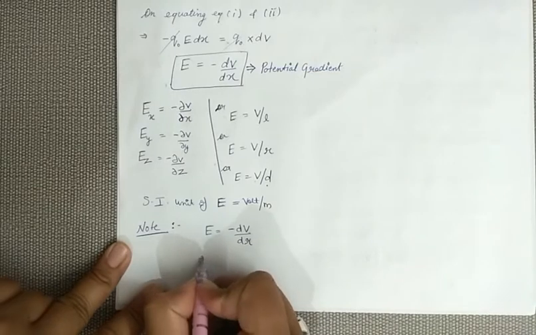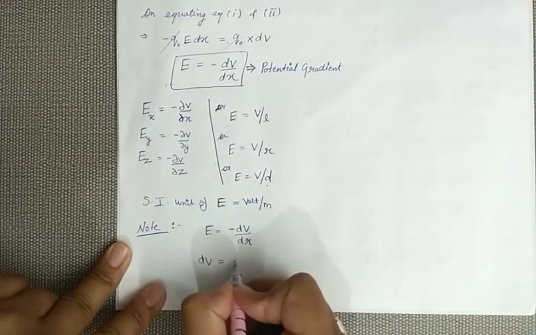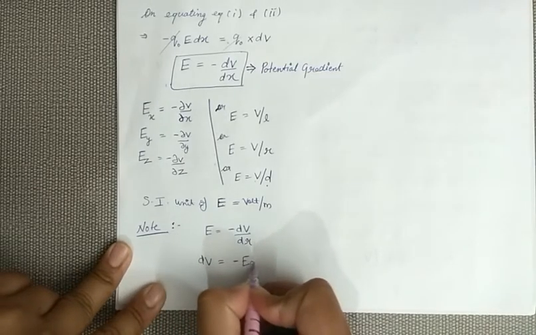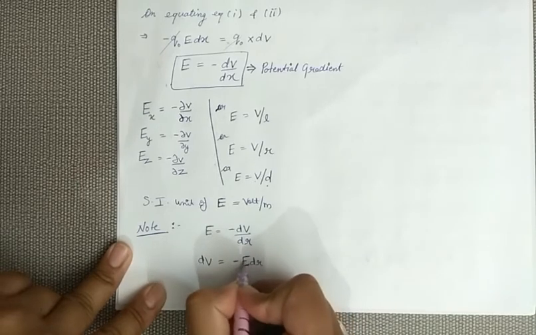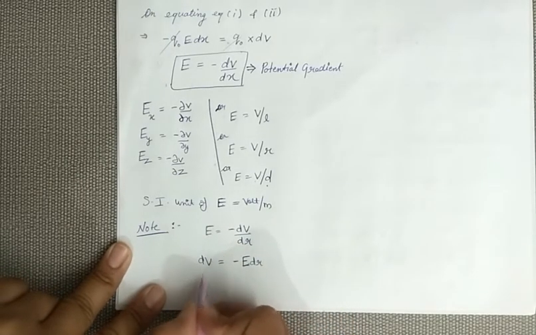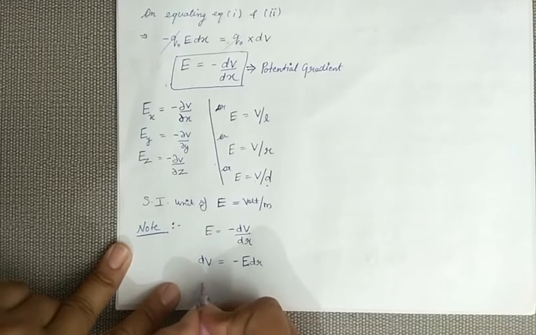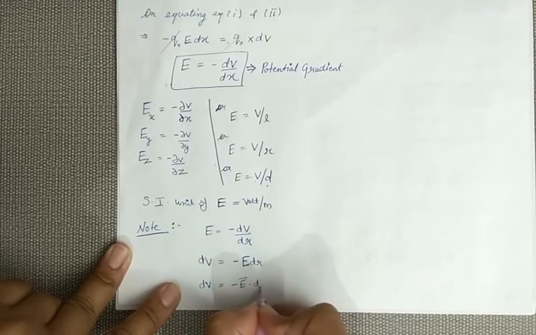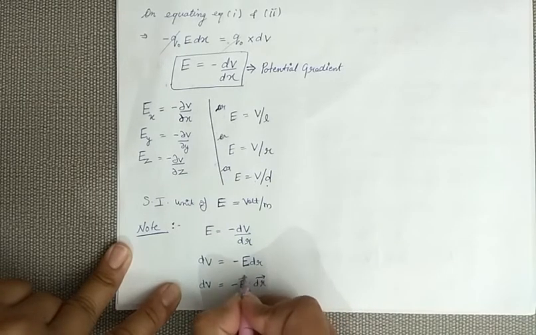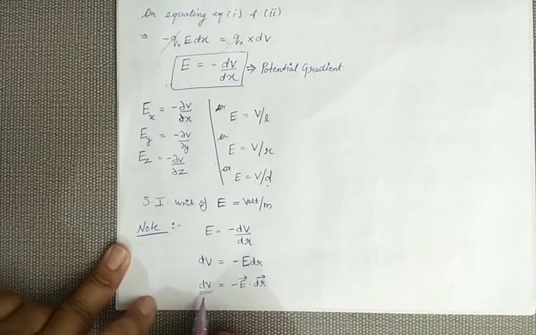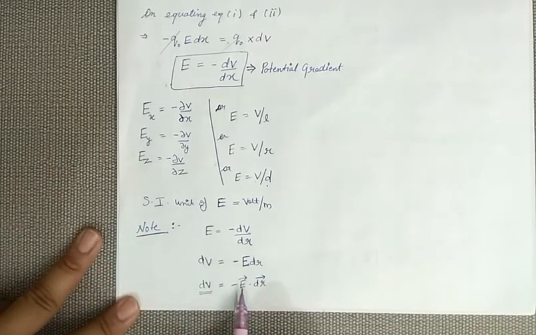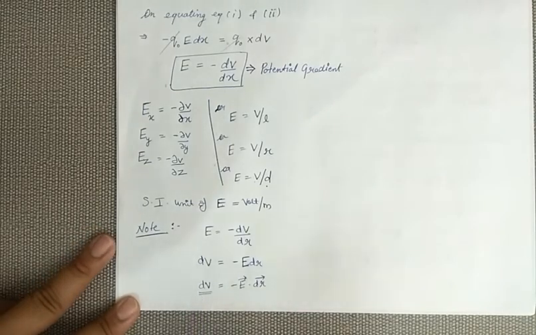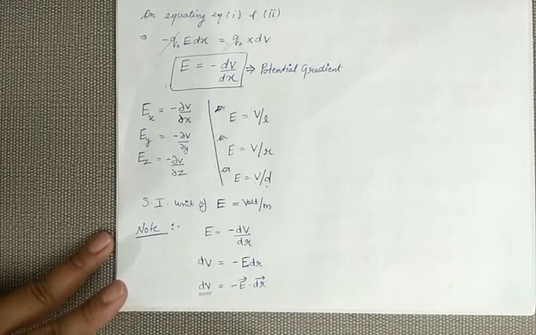So if you take dV, your dV is minus E dr. So if we want to find the complete V, we can take dV equals minus E dot dr. Why am I taking the dot product? See, this potential is a scalar quantity, and we know the dot product of two vectors also gives you a scalar quantity. So we can also write the potential in this form.